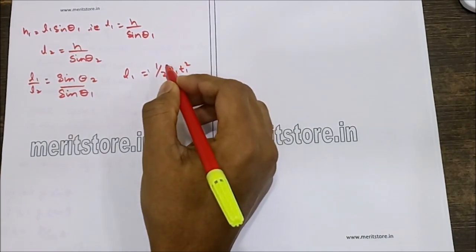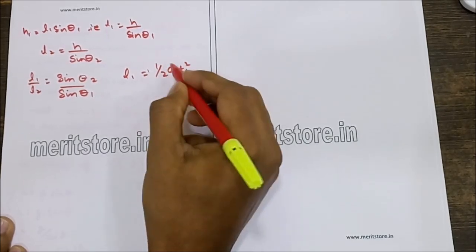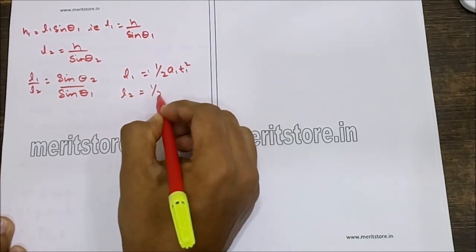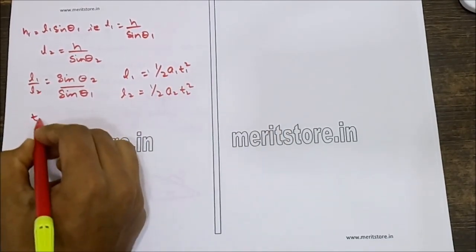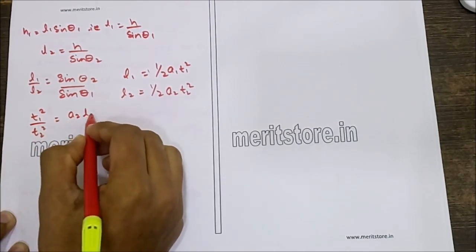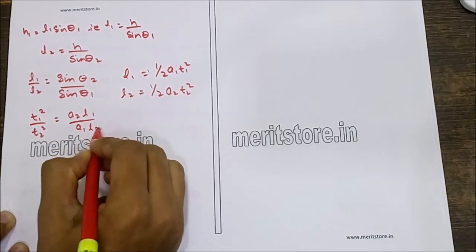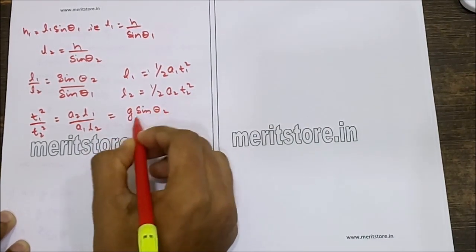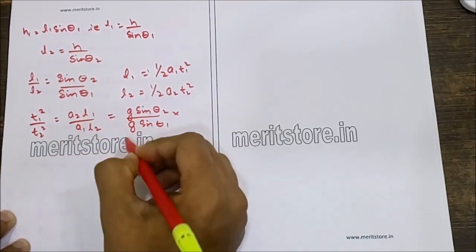This is the kinematic equation, S equals ut plus half at square, but since the body is at rest in the beginning, therefore L1 equals half a1 t1 square. Similarly, L2 equals half a2 t2 square. Therefore t1 square upon t2 square can be written as a2 times L1 upon a1 times L2, which is also equal to g sine theta 2 upon g sine theta 1 into L1 by L2.